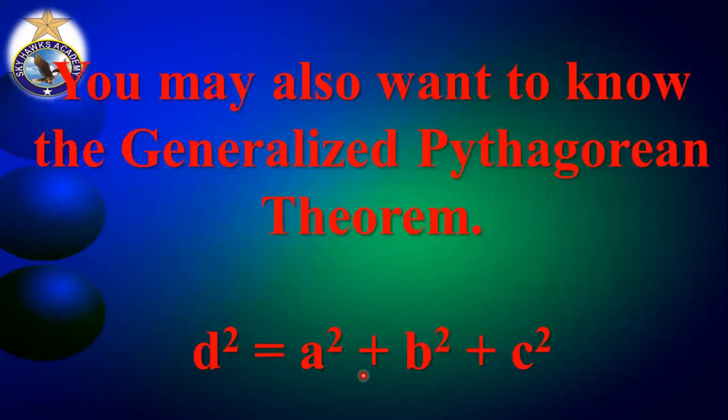Now the next one: you may also want to know the generalized Pythagorean theorem, that is d square is equal to a square plus b square plus c square. What do I mean to say?